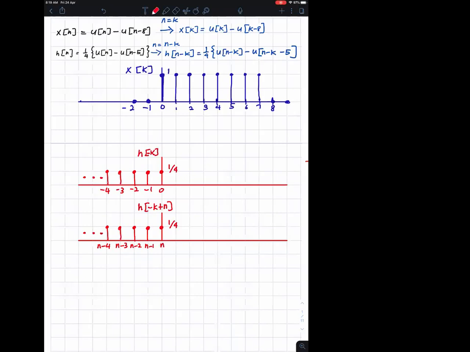We don't know what n is, so you cannot tell where exactly the signal is right now. Okay, that is h[n minus k].